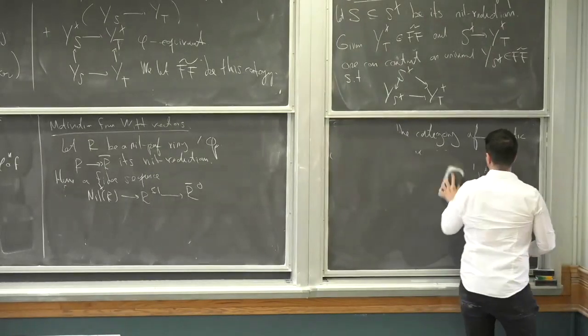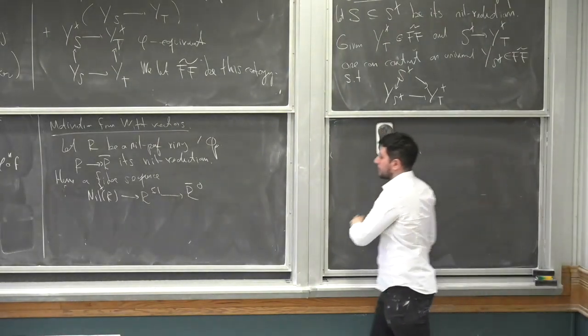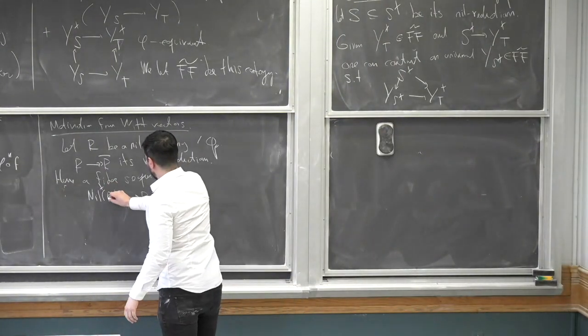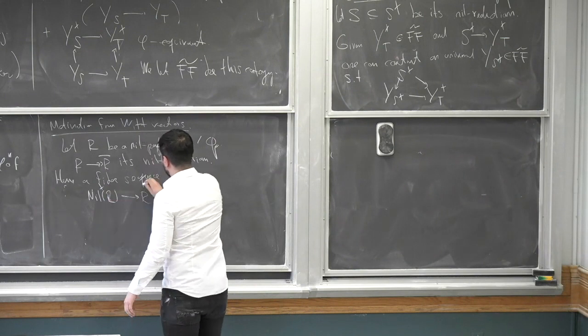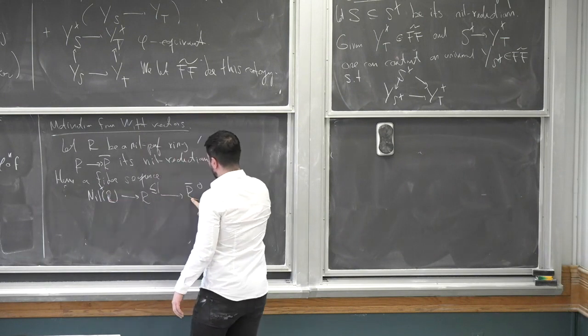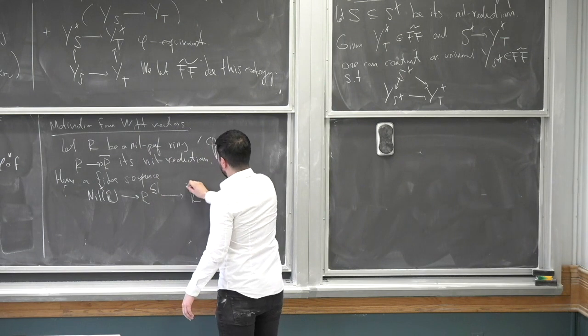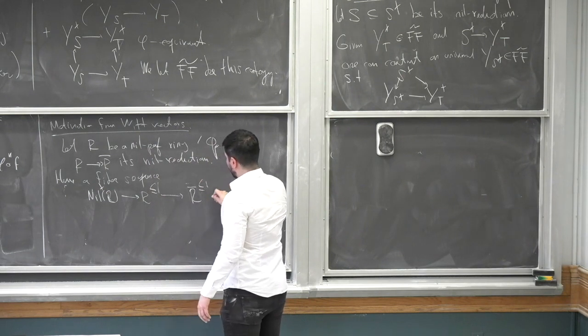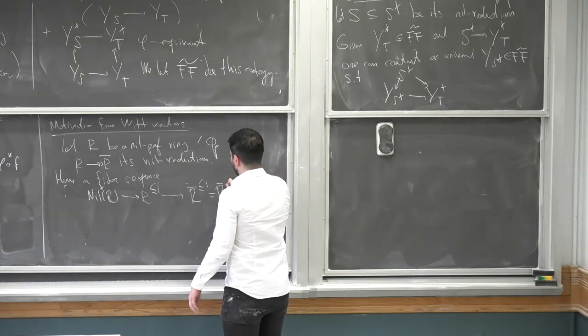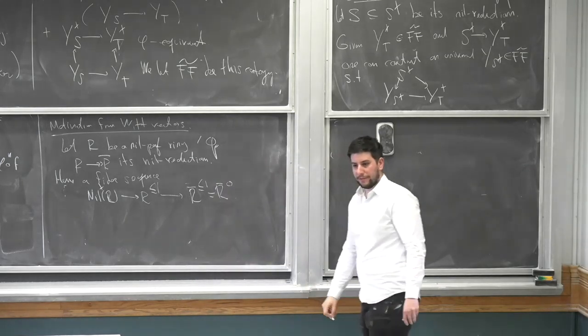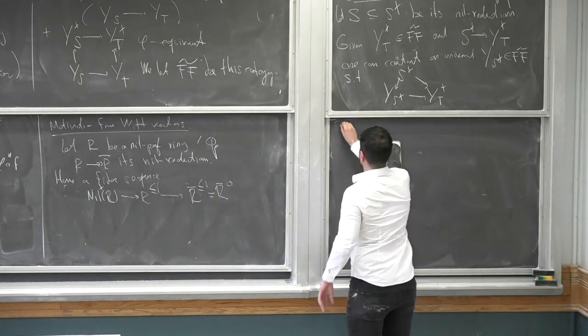Yes, the near radical of R mapping to the elements of norm less than or equal to 1 of the perfect ring, which coincides with the power bounded elements of the perfect. So then take bit vectors.